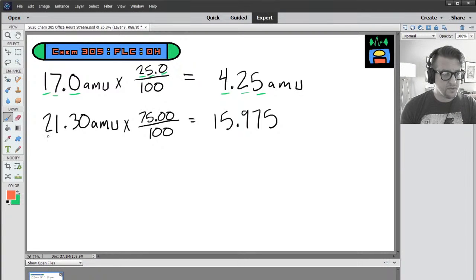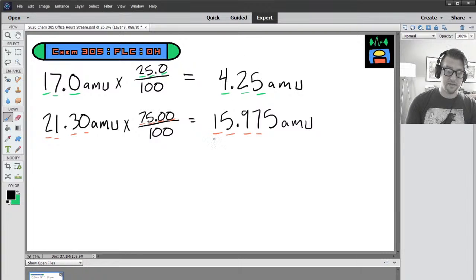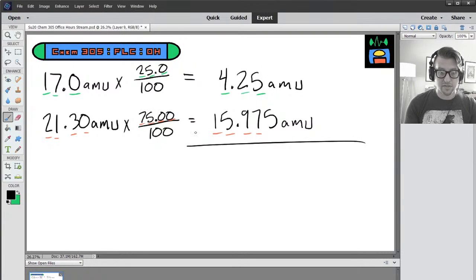We have 4 significant digits in our isotopic mass. We also have 4 significant digits in our percent abundance. So our answer can only have 4 significant digits. I'm going to wait to round again to the end, but I'm adding these lines to remind myself that this number has 4 significant digits. This number has 3.